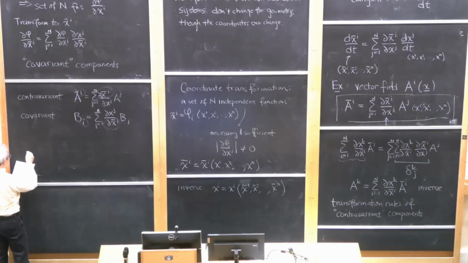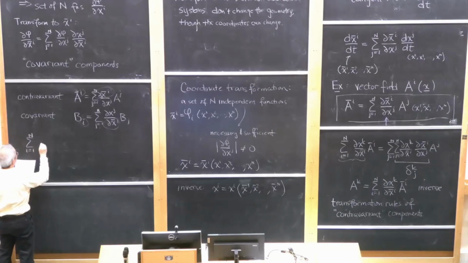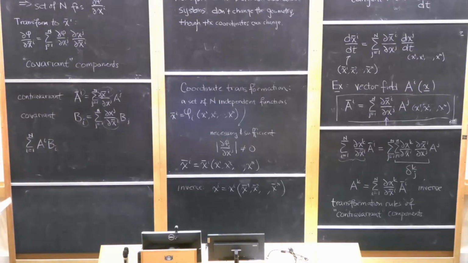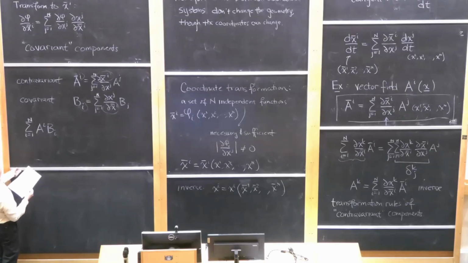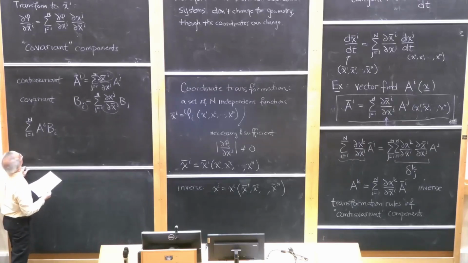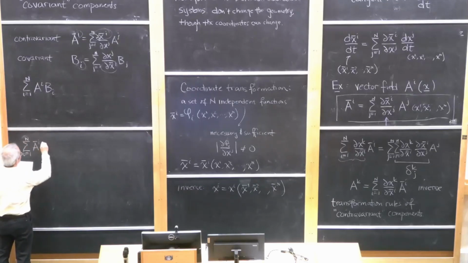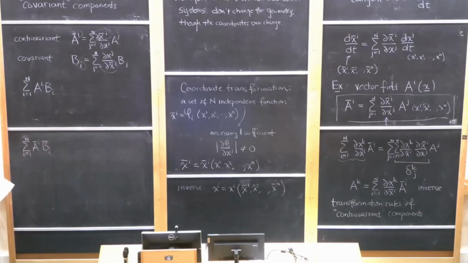Let's try a combination of A and B. Say, the sum over i from 1 to n of A^i and B_i. Looks a little bit like a scalar product, doesn't it? What we will do is evaluate the transformed quantity, A bar i and B bar i, and substitute in.